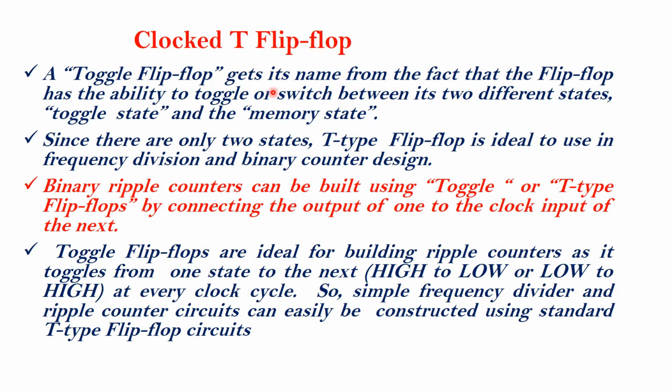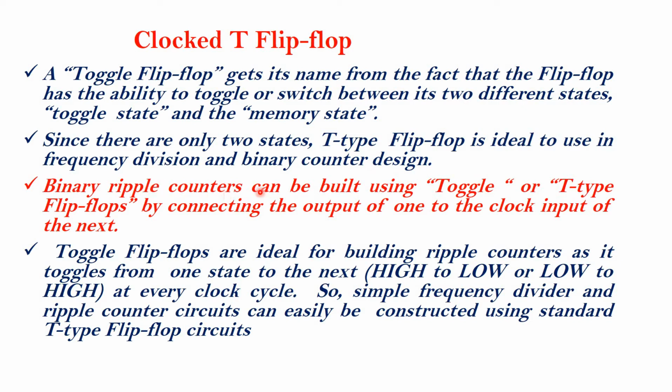A toggle flip-flop gets its name from the fact that the flip-flop has the ability to toggle or switch between its two different states, toggle state and the memory state. Since there are only two states, T-type flip-flop is ideal to use in frequency division and binary counter design.